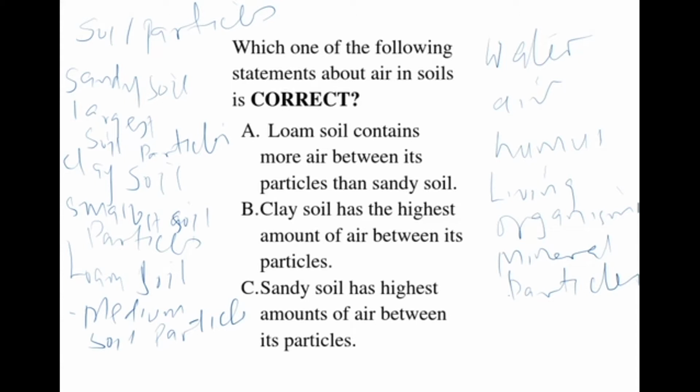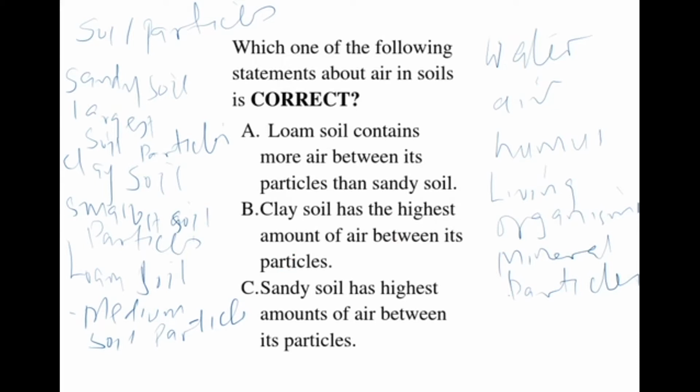Therefore, looking at the statements here, A: loam soil contains more air between its particles than sandy soil, which is wrong, since loam soil is just in between sand and clay. B: Clay soil has the highest amount of air between its particles.